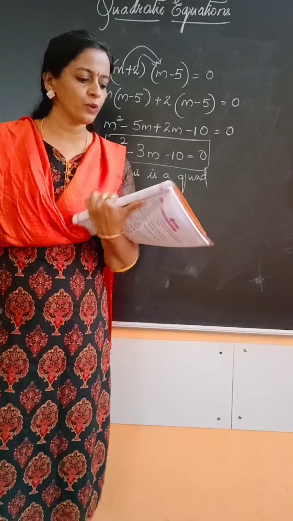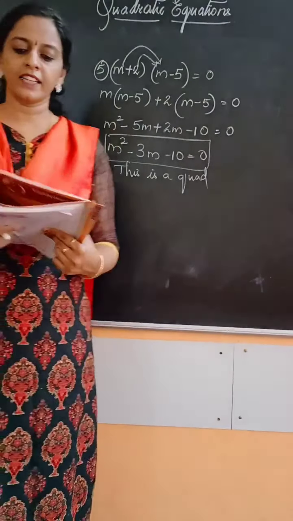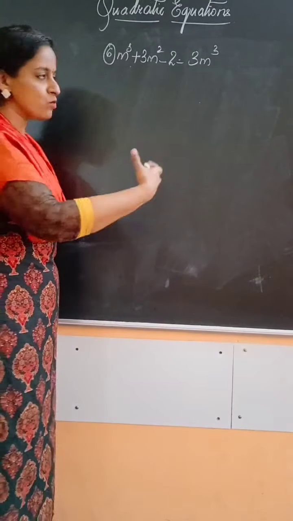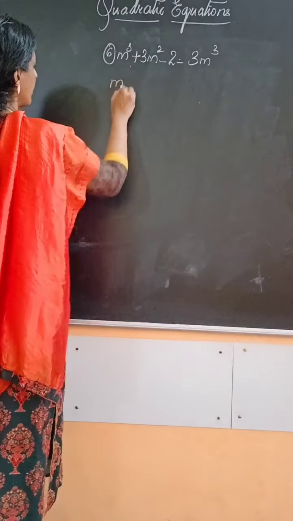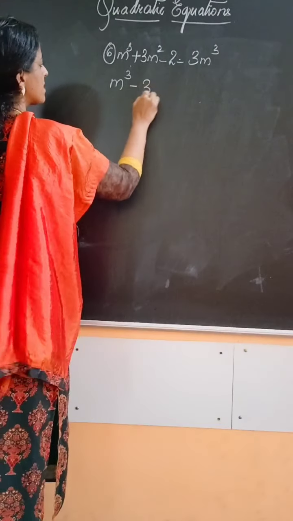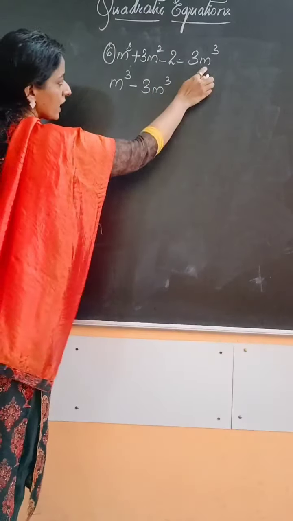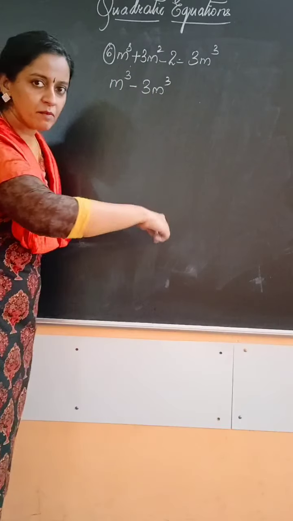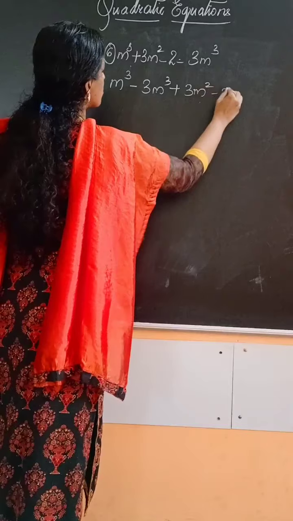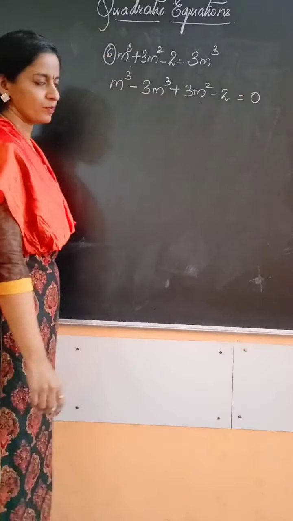Understood? Now you take the sixth sum and tell me whether it is quadratic or not. Try it out. Like terms we will bring together. So m cube, with that 3m cube comes to the other side, it becomes minus 3m cube, plus 3m square minus 2 equal to 0.